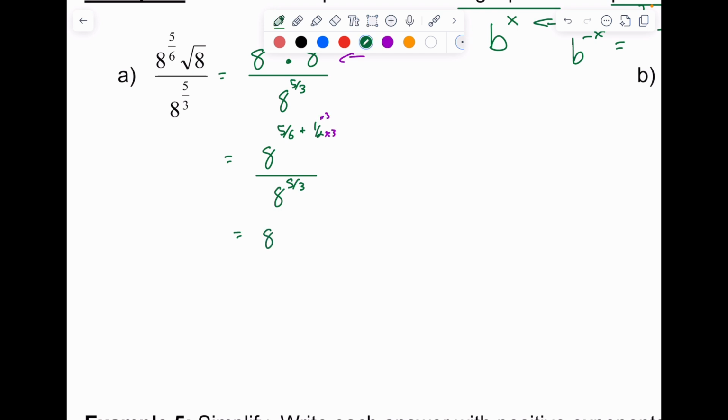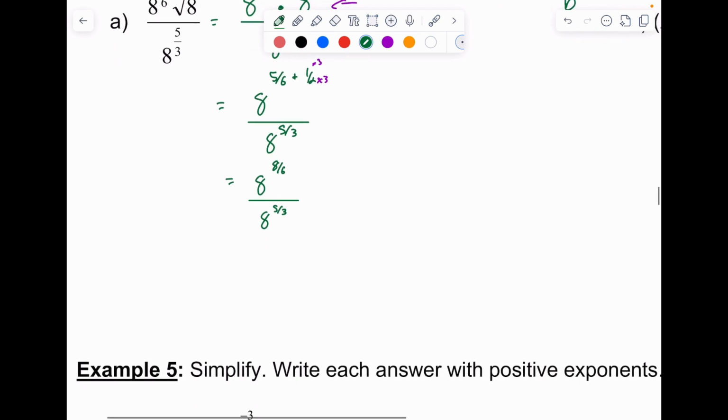All right, so you'd have 3 plus 5, so 8/6 up top, all divided by 8 to the 5/3. Now subtract exponents because you have similar bases being divided, so you subtract. So that's 8 to the 8/6, minus 5/3.